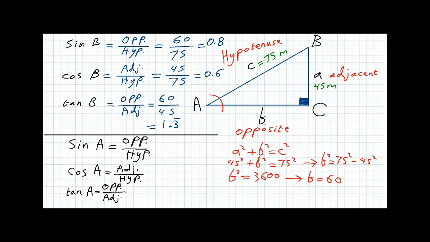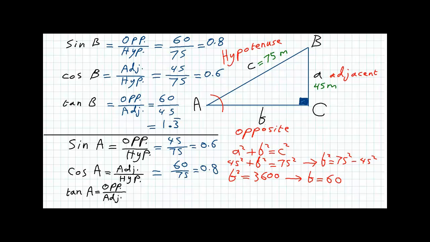So here the opposite to angle A is 45 over the hypotenuse, which is 75, and this is equal to 6/10. The cosine ratio for angle A is equal to the adjacent to angle A, which is 60, over 75, and this is equal to 8/10.